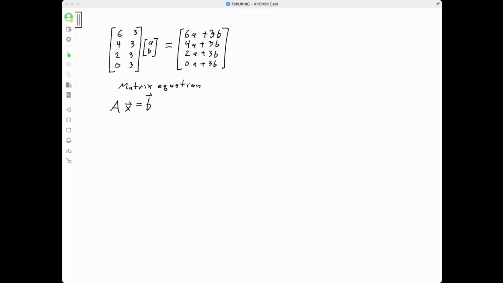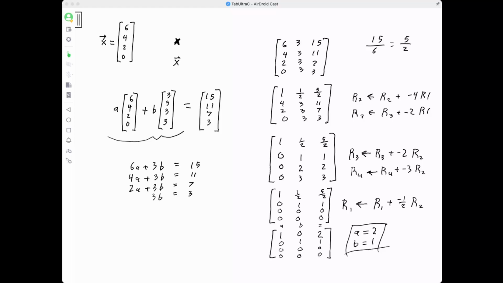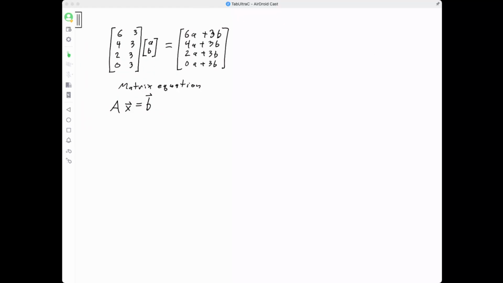And one really significant thing is when we think about how we're doing this, each individual equation in our system of equations, I can write as a really boring row vector like 6, 3, just one row, times a single column vector. And if I multiply that out, I'm going to get a vector that is just a single entry, 6a plus 3b.